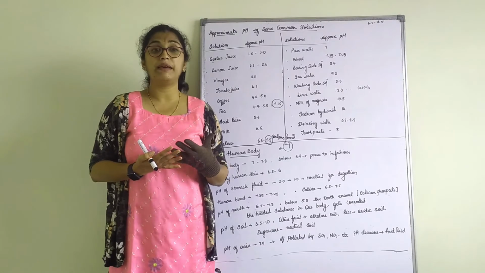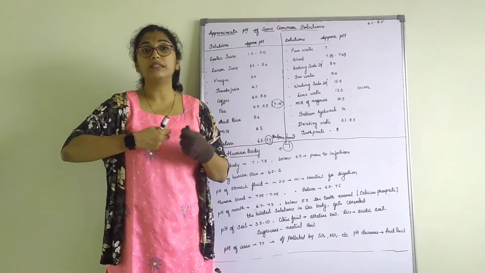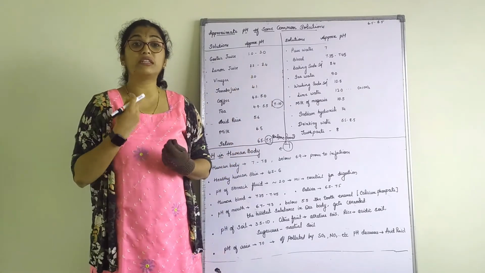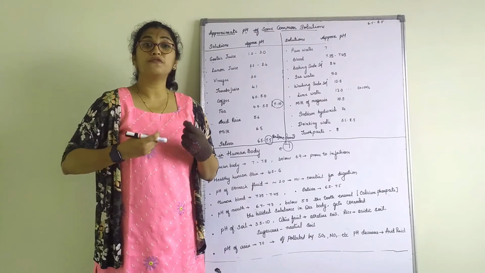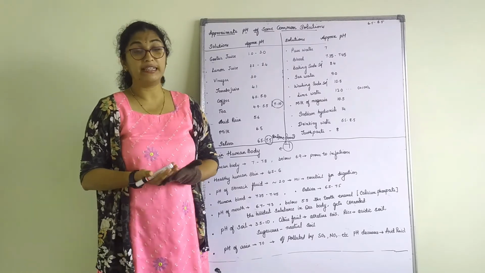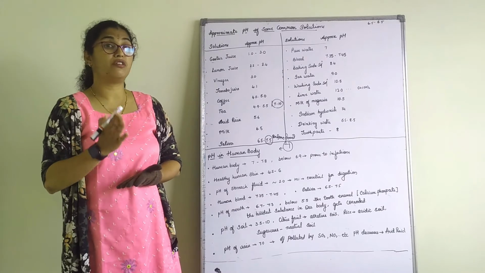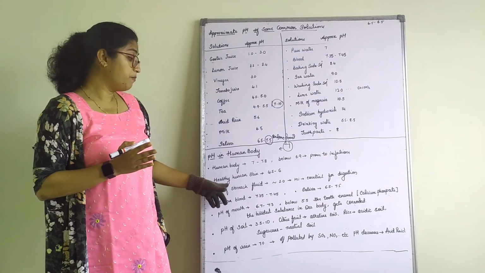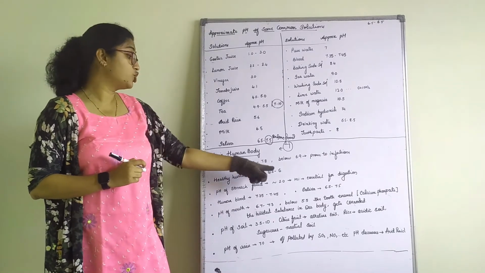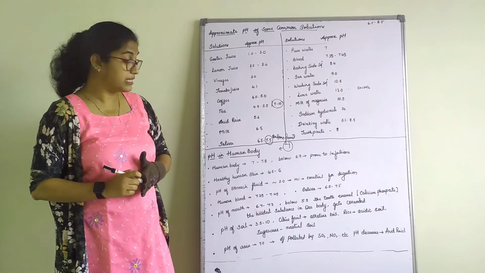You also might have come across this: when you go to an outstation and use some water, you start itching. That's because of the pH. Sometimes the pH of the water also matters. Remember, healthy human skin's pH should be around 4.5 to 6.